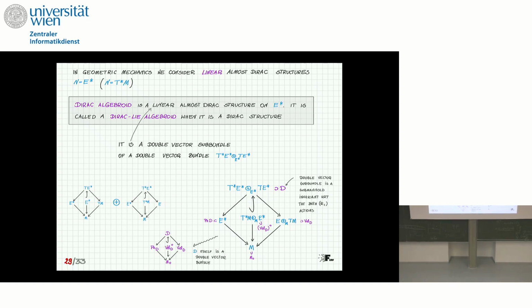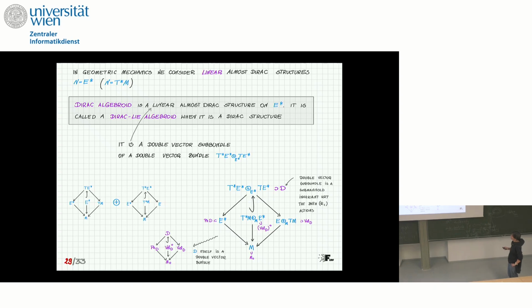So to see that it is a double vector bundle, let us look at the two bundles we compose to get this one. There is the tangent to E star, and there is the cotangent to E star. We add them. We require this to be over the identity on E star, as this is the generalization of the algebroid. And initially our Dirac structure is a subbundle over E star.